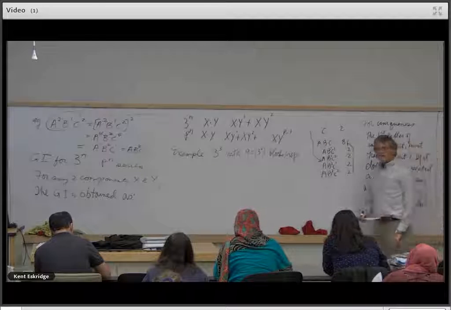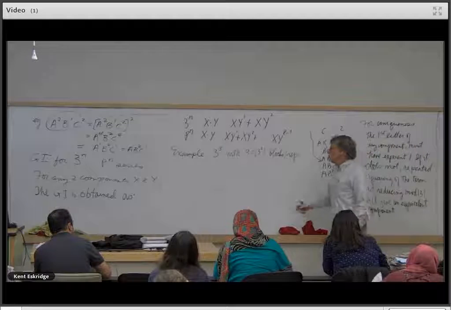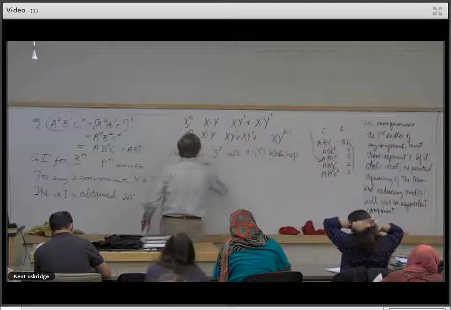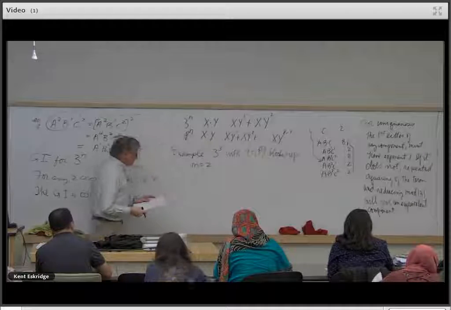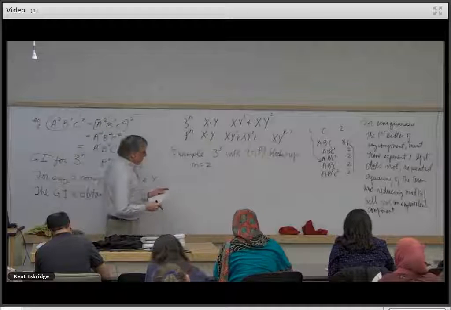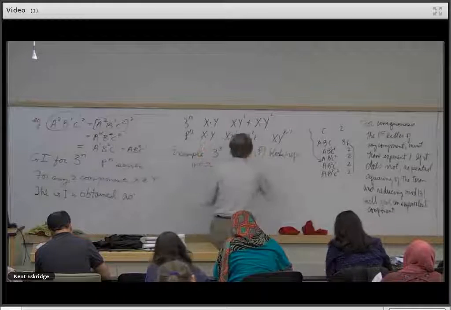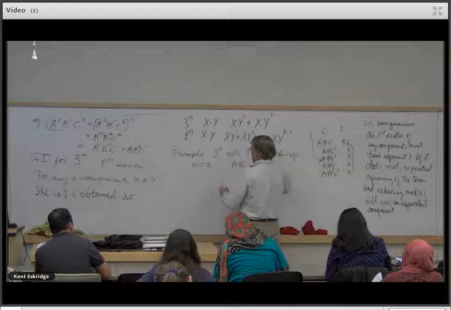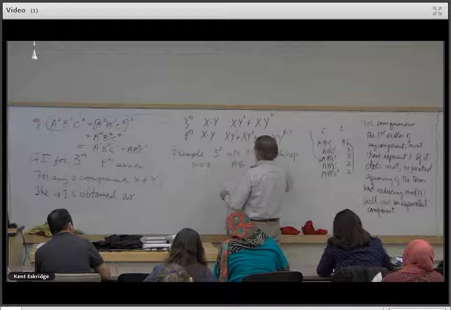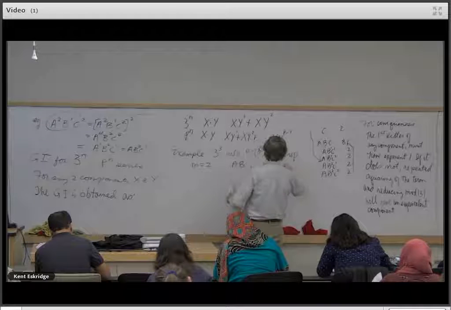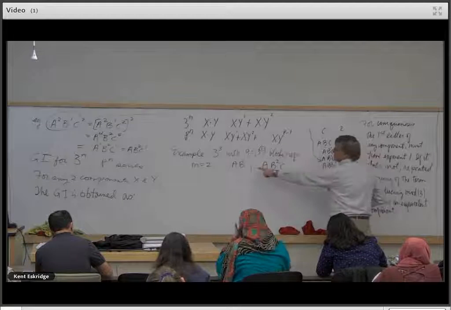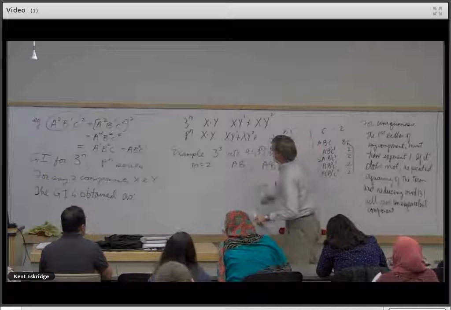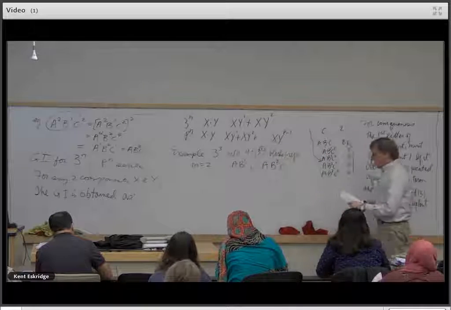What's n? n is equal to 2, because I have to choose 2 terms to confound. Let's say I confound A B C and A B squared C. Just AB would have an exponent of 1 here. I'm going to confound both these terms.